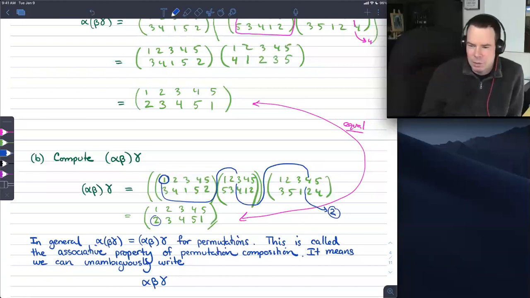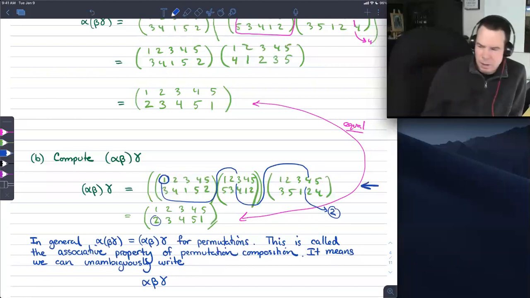And then I can do the same thing with 2. I can read it across right now. So I'm looking at this line here, and I say 2 goes to 4, 4 goes to 1, 1 goes to 3. So 2 ultimately goes to 3, just by reading permutations across.